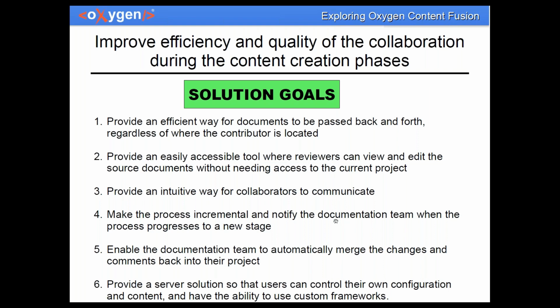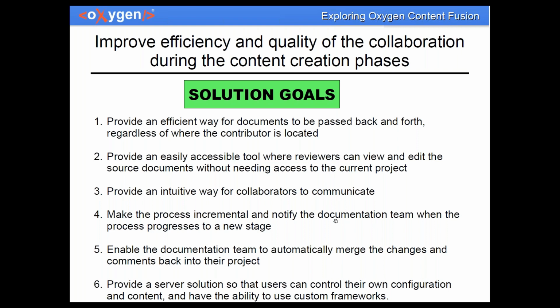Third, we needed to provide an intuitive way for collaborators to communicate throughout the process. Fourth, we needed to make the process incremental to avoid file editing conflicts and notify the documentation team when the process progresses to a new stage.